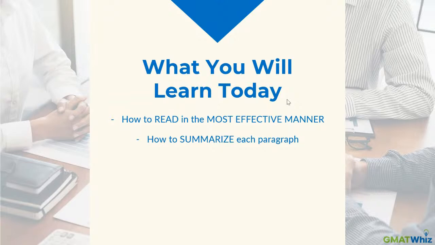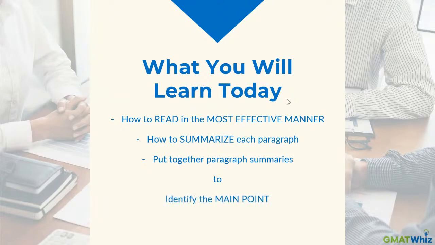Why? Because summarization of a paragraph is important to put together the summaries of the paragraphs to reach the main point. So we're going to cover that journey. We're going to see how to cover that journey. And once we've covered that journey, how to address the primary purpose questions. And of course, we're going to look at 700 plus level questions because that's the place where we suffer most.